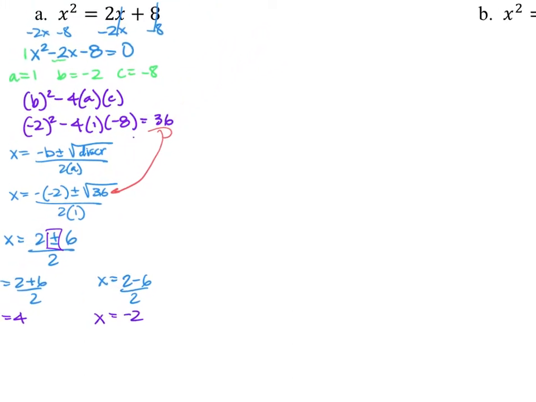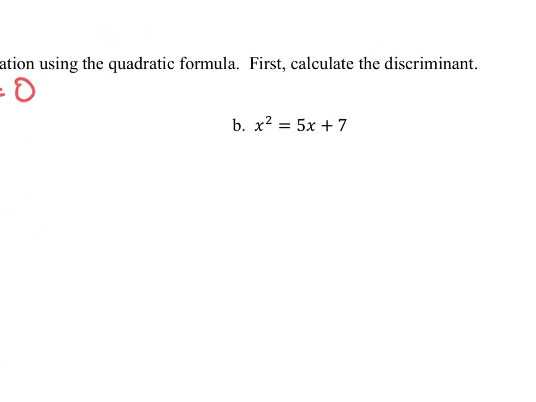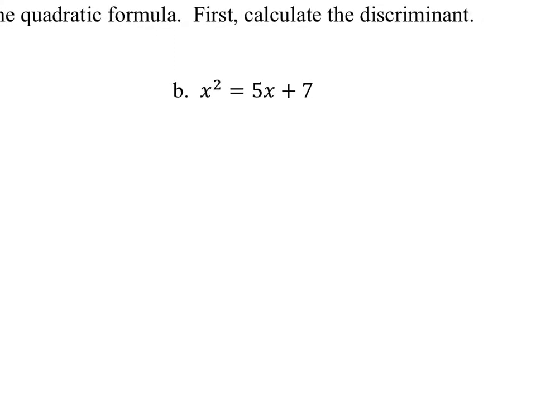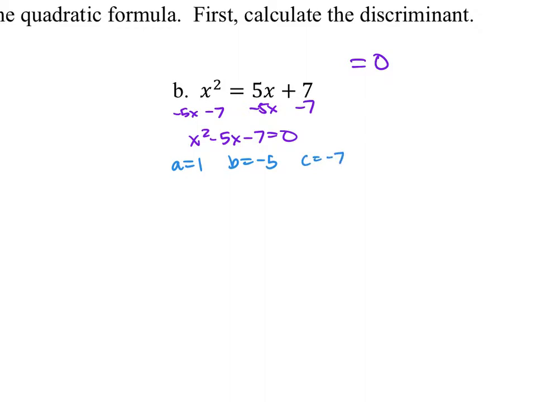We have a couple more to do. Let's go ahead and do this one. So again, it has to be set equal to 0. So we're going to move the 5x over and the 7. So on the left-hand side, we end up with this. So our a is a 1, our b is a -5, our c is a -7.